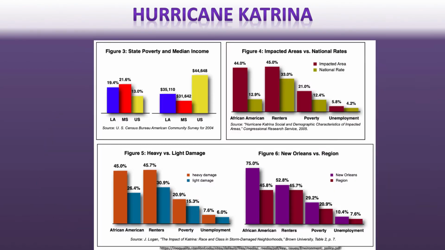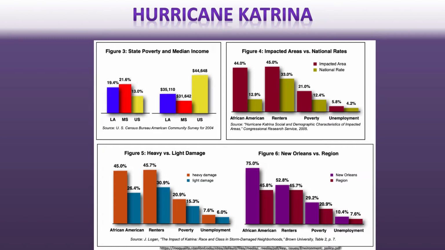And we see that the burden of this impact of this storm was not equally shared across different groups. So we see that in terms of the types of damage, African Americans were almost twice as likely to have experienced the heavy damage from that storm. People who are more housing insecure, renters, were more likely to see damage.